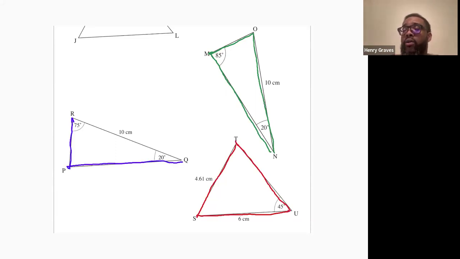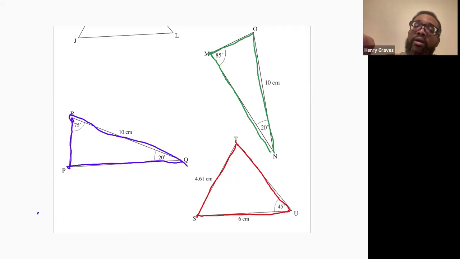All right, so from the looks of this, they don't give us the dimensions, but that's okay because we can tell which one is the first, second, and third biggest side based off the angles. For instance, on the purple one, I know that it's equal to 180.